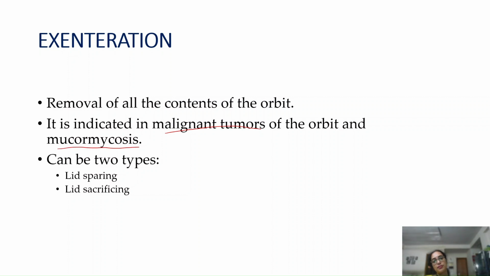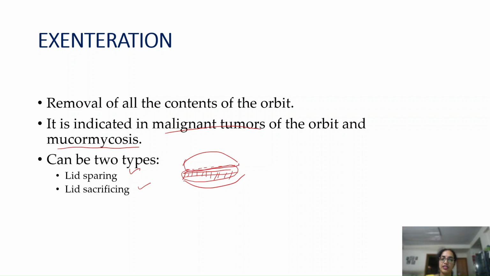So we can perform exenteration by two methods: lid sparing and lid sacrificing. In lid sparing methods, the incision is made along the lash line, just 4-5 mm behind the lash line. If these are the lashes here, upper lid and lower lid, the incision is made here, and this portion of the eyelid is removed along with the contents of the orbit.